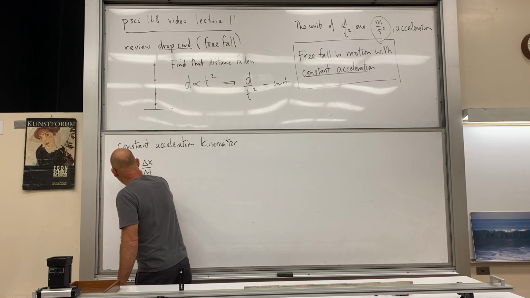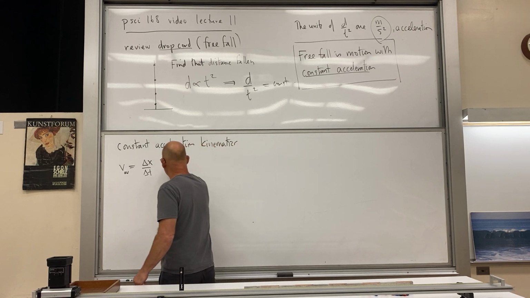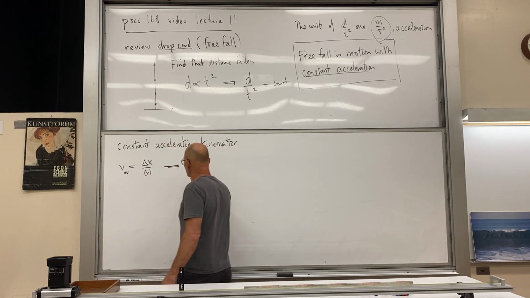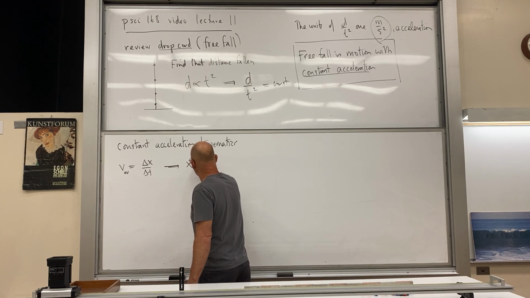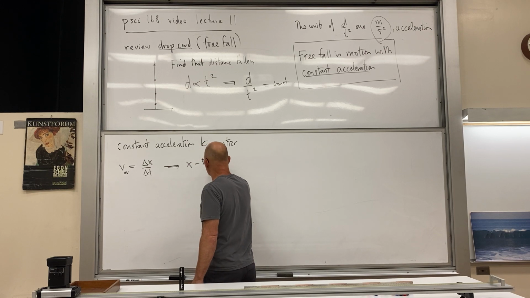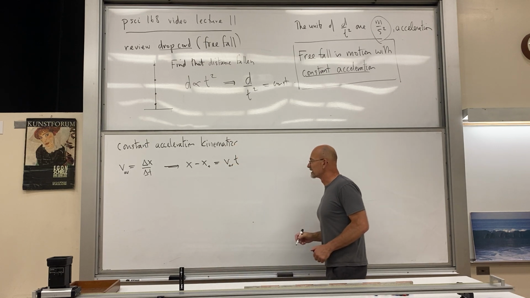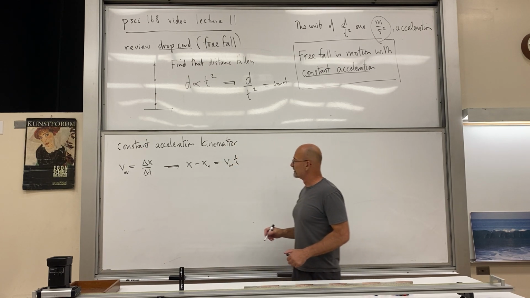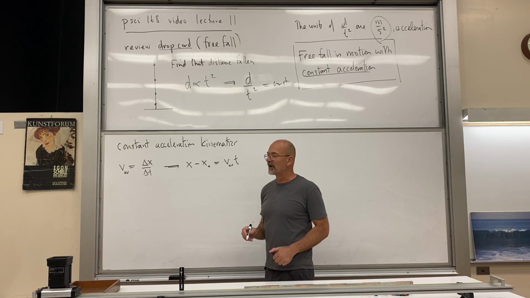And let's write here average: V average is delta x over delta t. This translates to x minus x0 equals V average times t. Okay. And if we were to graph that, it would be a straight line graph.